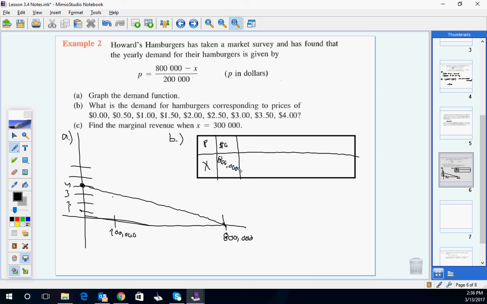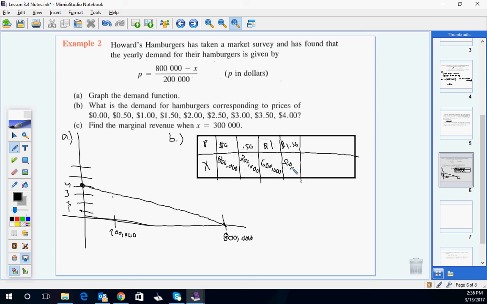Okay, the demand when they are 50 cents, that's 700,000 people who want them. When you're doing $1, it's 600,000. $1.50, it's 500,000.